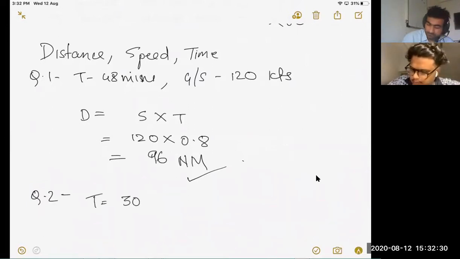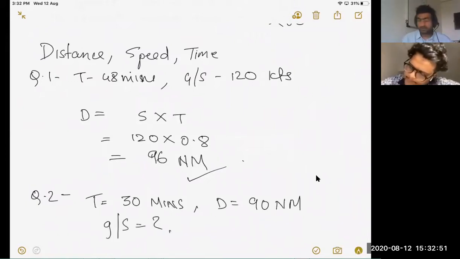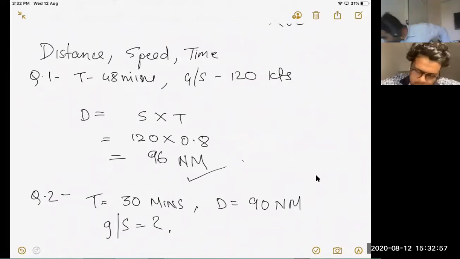So distance is 90 nautical miles. 30 minutes.